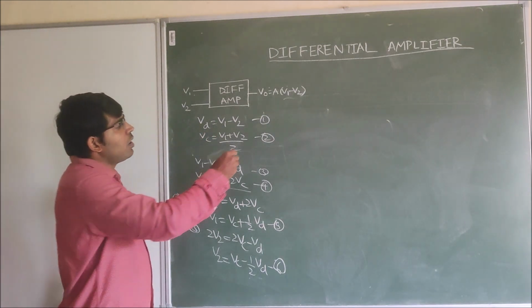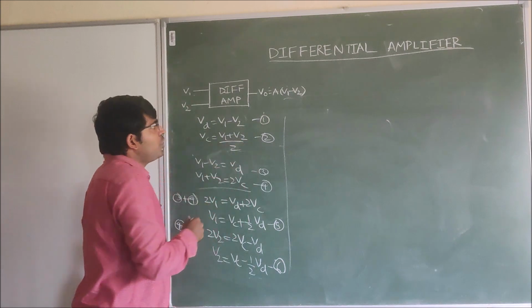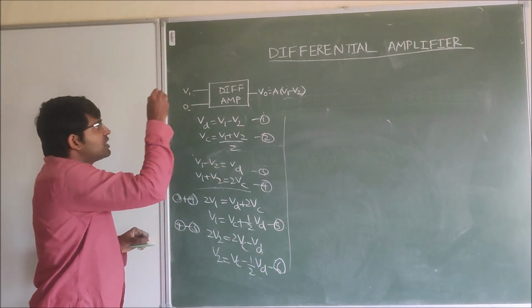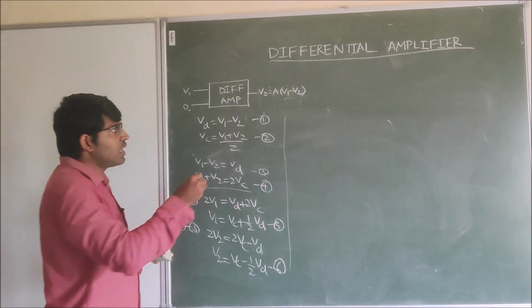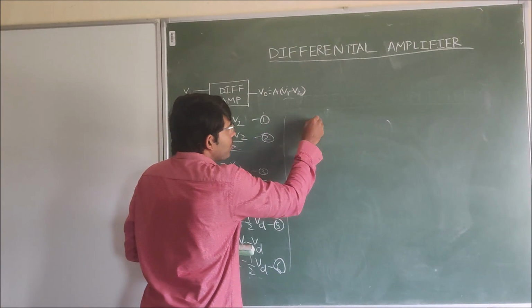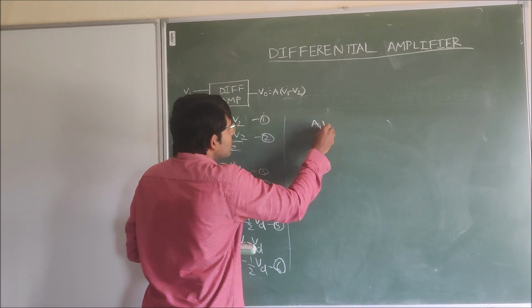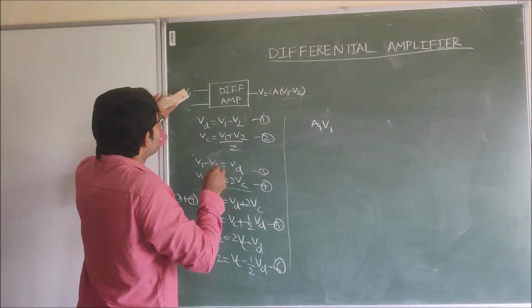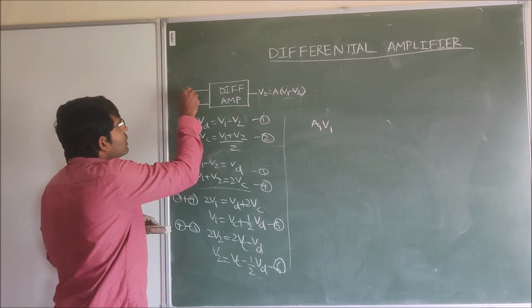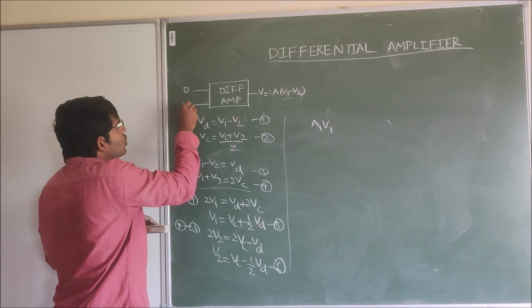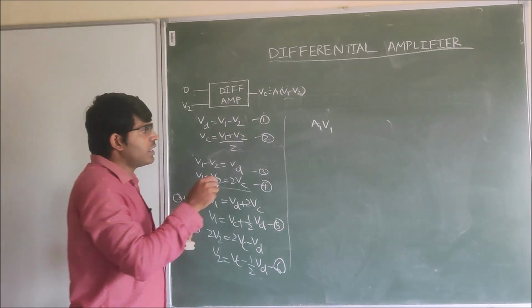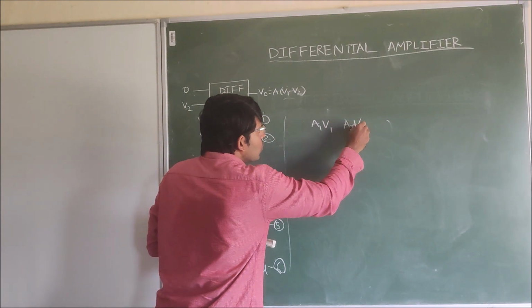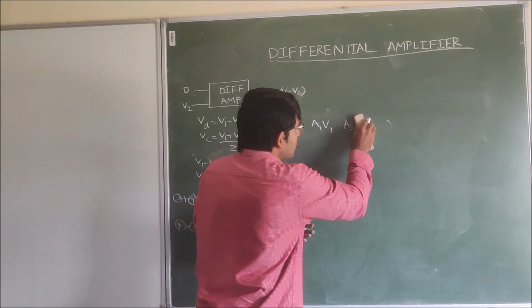For example, if we give only V1 and make V2 as 0, then the output will be A1 V1. And if we take V1 as 0 and only V2, then the output is A2 V2.